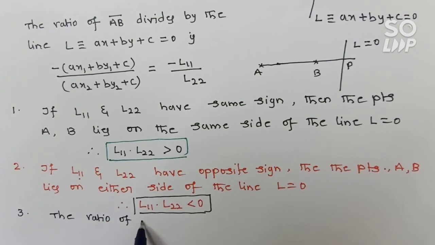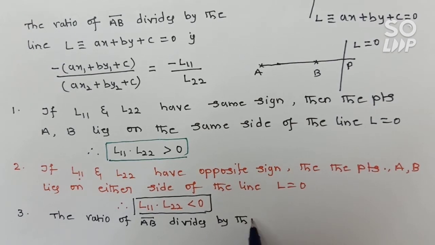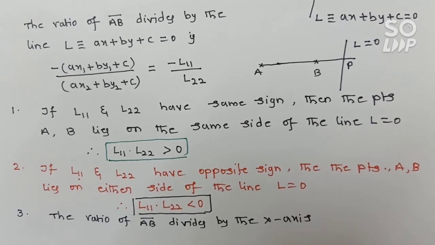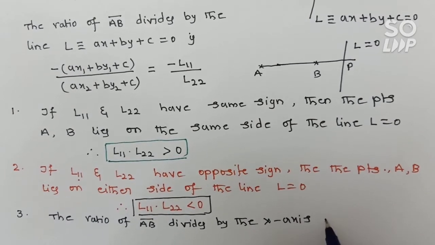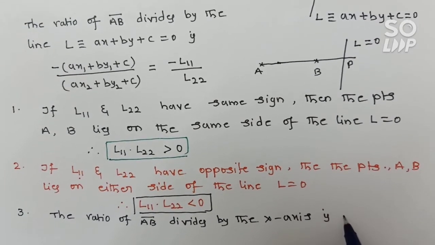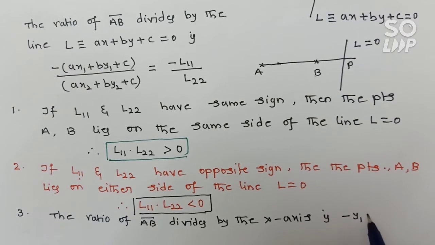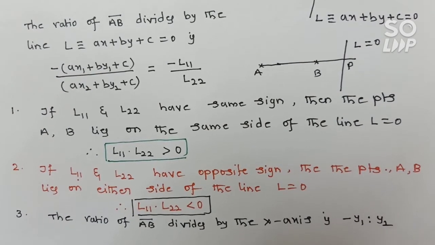See, here we can write the third point: the ratio in which AB is divided by the x-axis, instead of the line L, if you take the x-axis, is minus y1 is to y2.